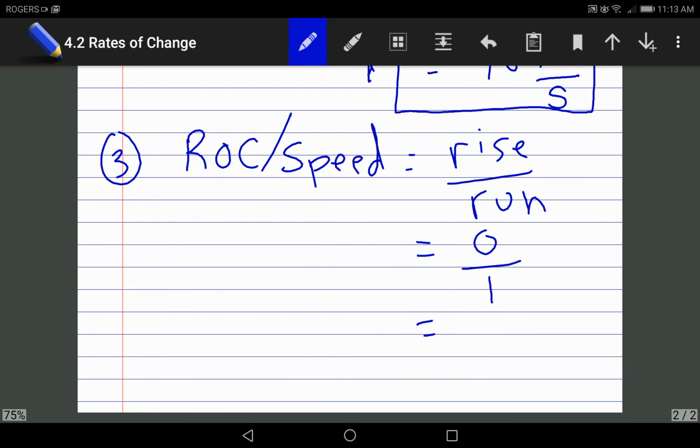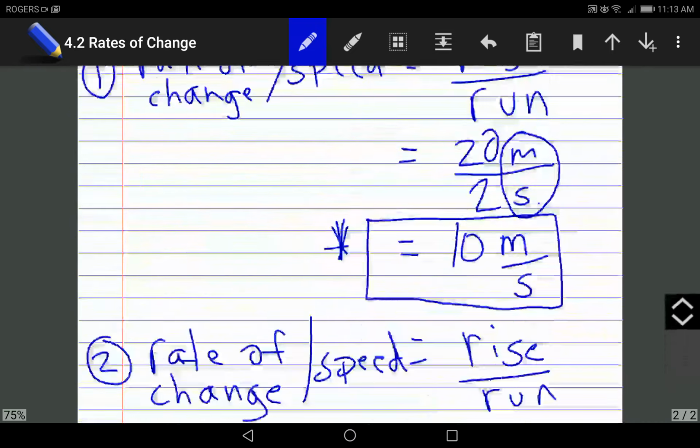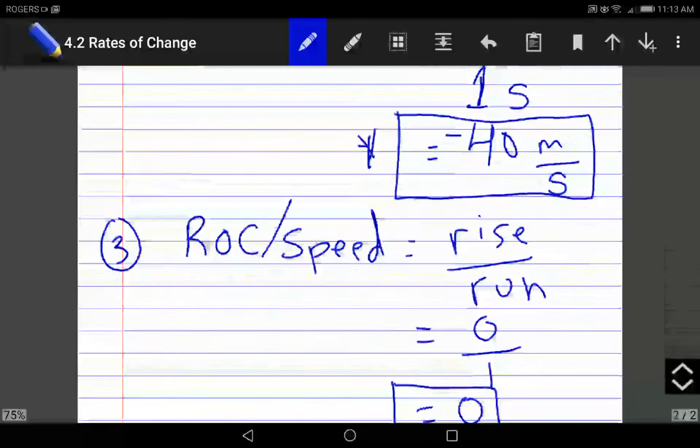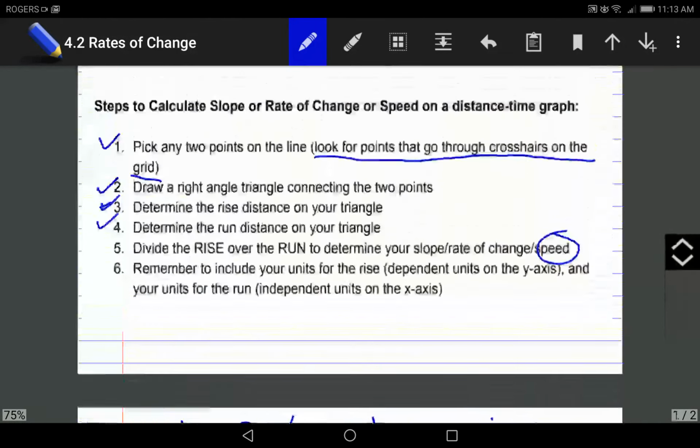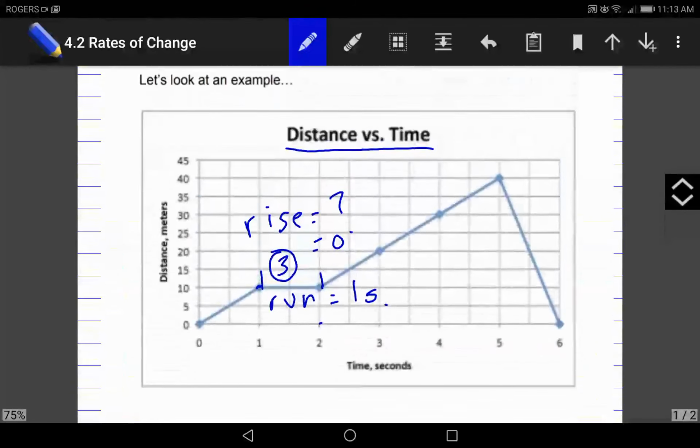On your calculator, 0 divided by any number is always 0. And that is why our rate of change for a horizontal line is 0, because you're always going to have a rise of 0 for a horizontal line, right? You're not going up or down. And so that will always be the case. For any horizontal line, the rate of change will always be 0.